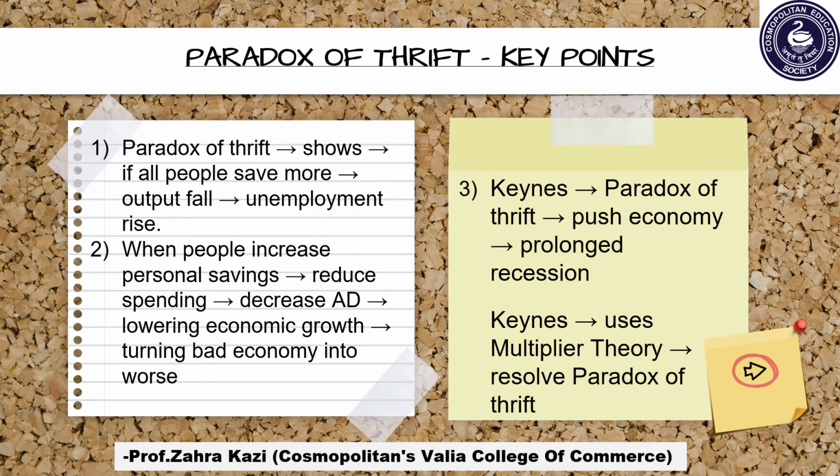There are certain important points in this concept of paradox of thrift. Let's understand them. The very first one is that the paradox of thrift shows that if all people in the economy are saving more than what is required, then this will result in a fall in the output level.